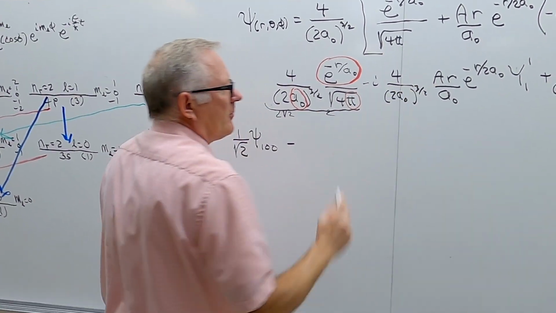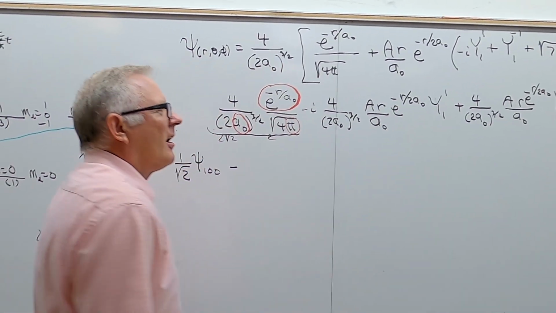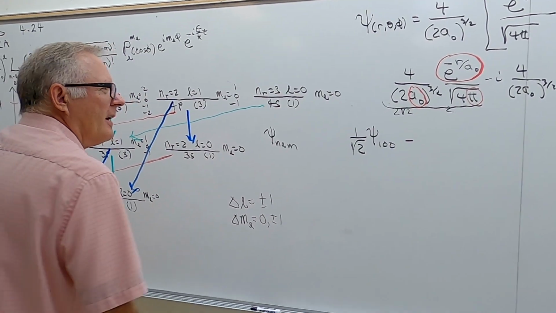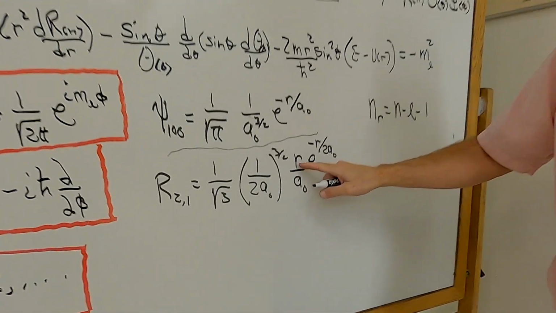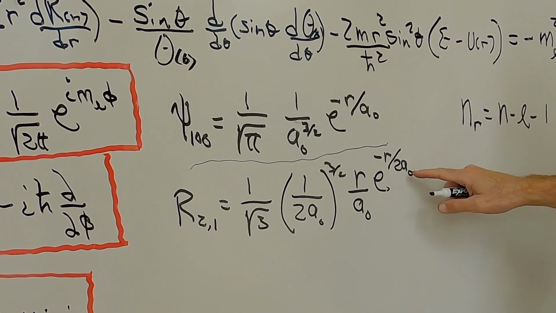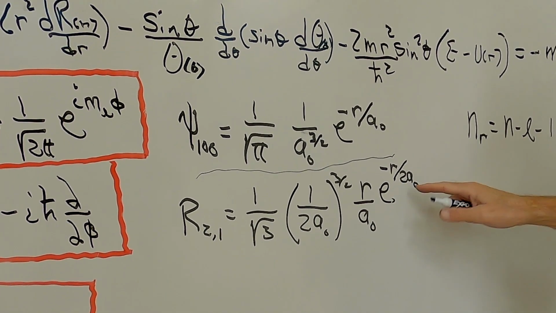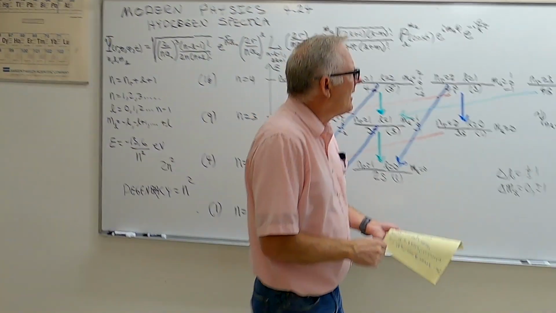Now that term over there looks like an R 2 state right here. See this? Why? Because I saw there was an r and there was an e to the minus r over 2a naught, and I can see it's a 2 up there. So let me see if I can pull that stuff out.